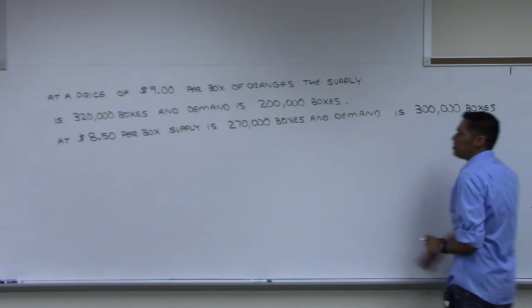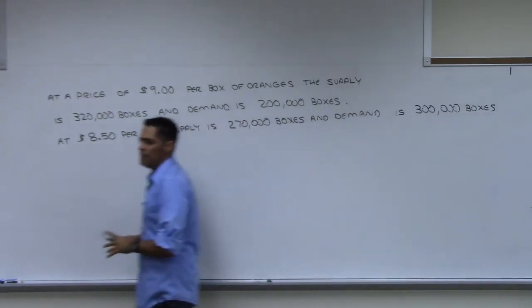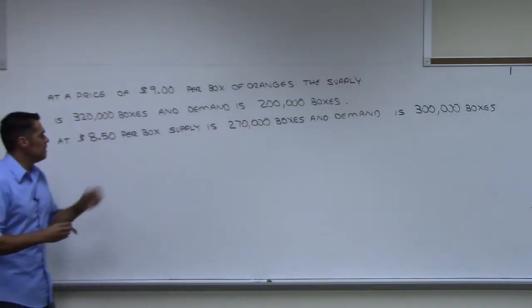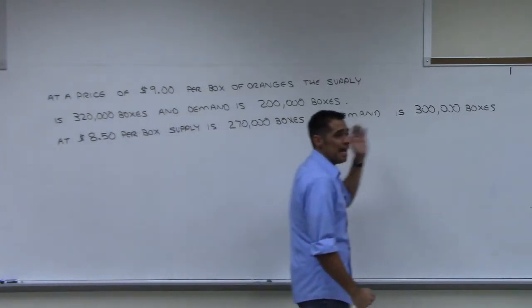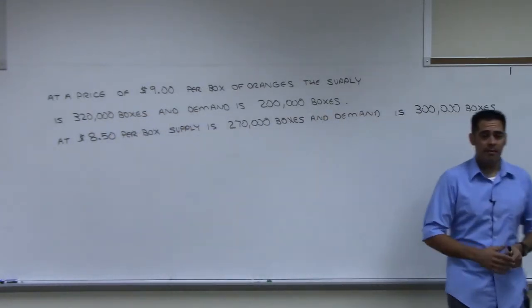So if they reduce the price per box, they're only going to be able to supply 270,000 boxes. But the demand is going to go up because the price comes down, right?